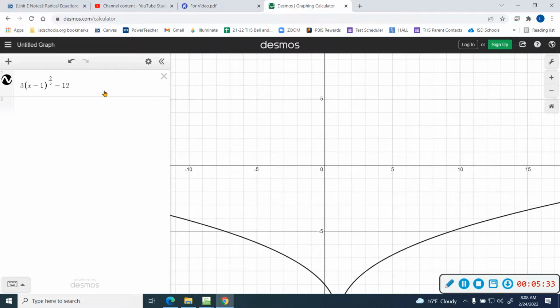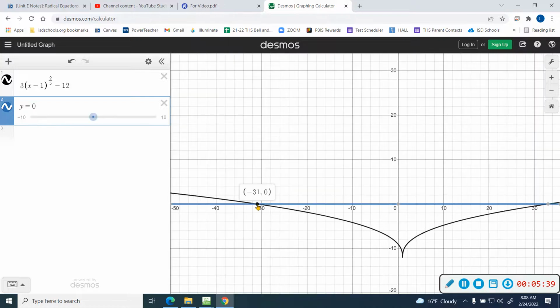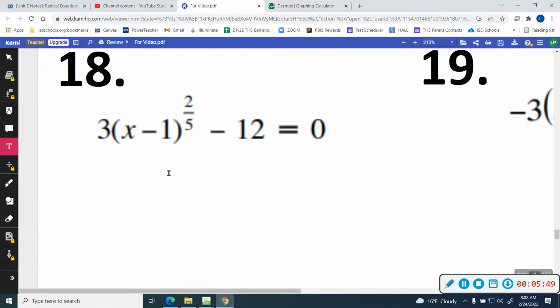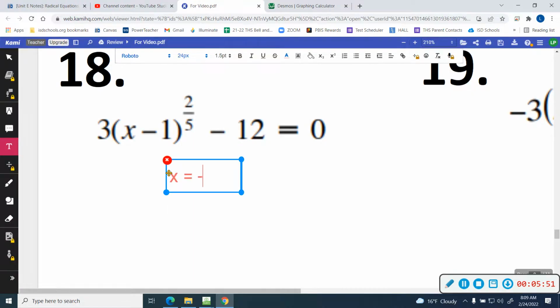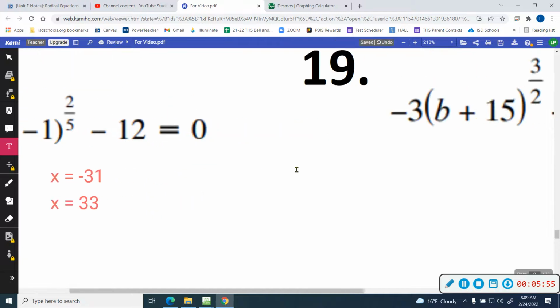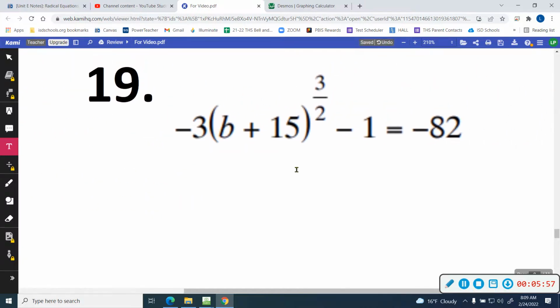And we're trying to see, when does that equal 0? That'd be the x-axis. Well, it looks like we got a solution at negative 31, and we have a solution at positive 33. So I'd say x equals negative 31, x equals 33. Done.